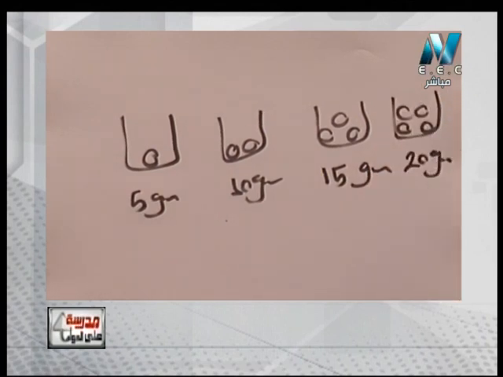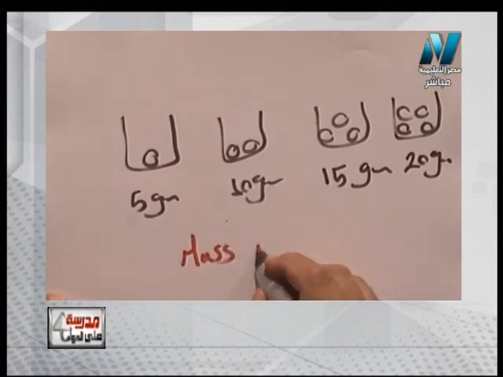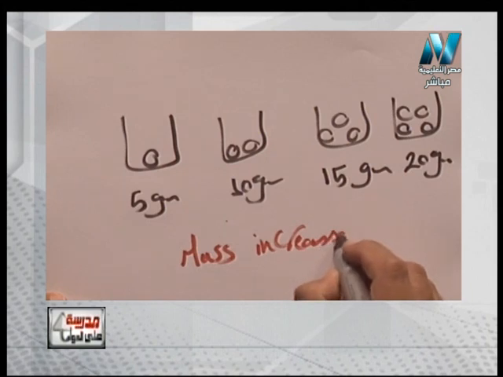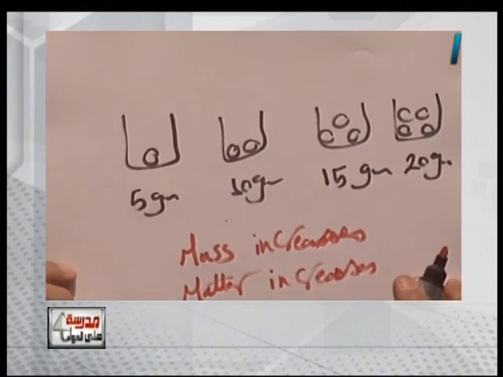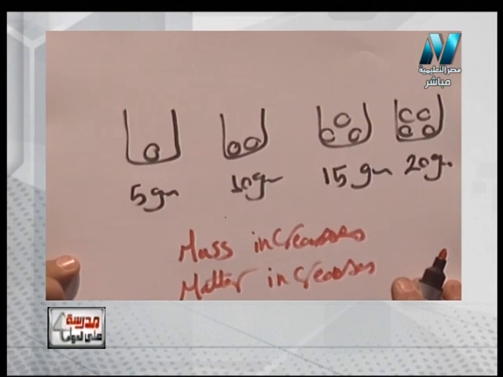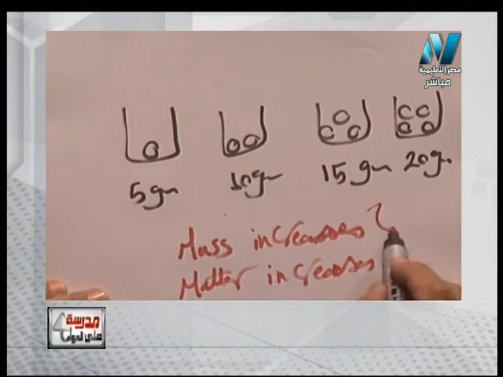So I can say mass increases when matter increases or amount of matter increases. So I can say the relation between them, a very important relation we took in Primary. The relation between mass and matter is called direct relation.